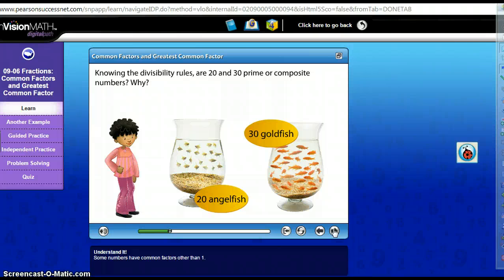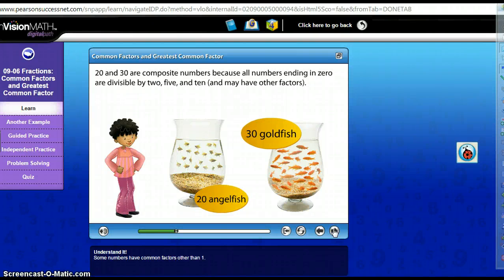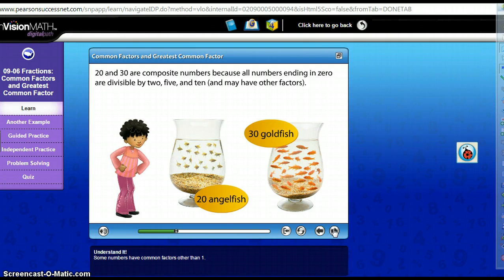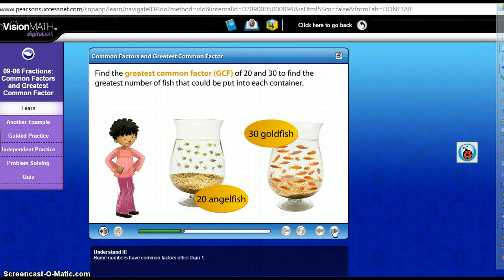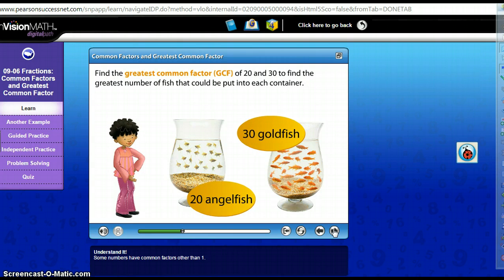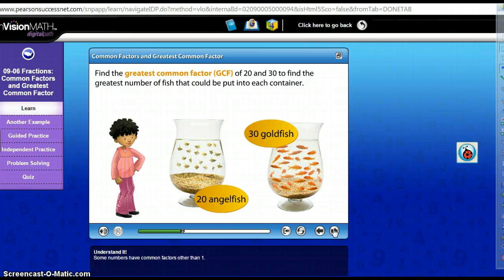Composite has more than two factors. 20 and 30 are composite numbers because all numbers ending in 0 are divisible by 2, 5, and 10, and may have other factors. Find the greatest common factor of 20 and 30 to find the greatest number of fish that can be put into each container.